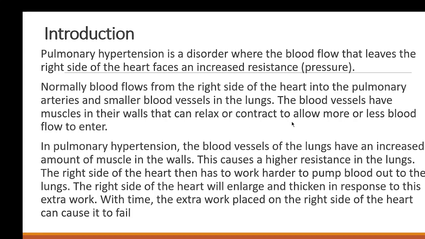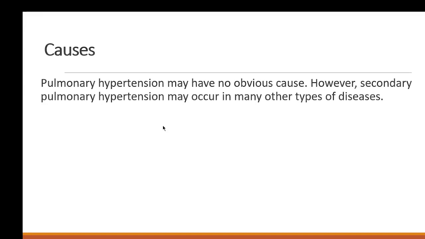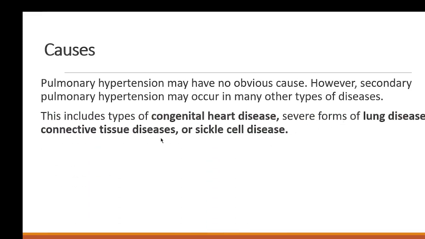Pulmonary hypertension may have no obvious cause. However, secondary pulmonary hypertension may occur in many other types of diseases. Examples of diseases are congenital heart disease, severe forms of lung disease, and connective tissue disease.